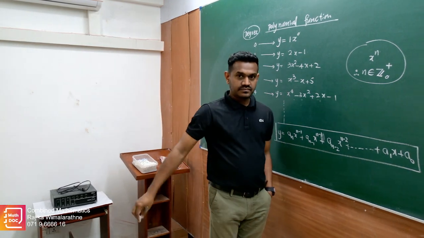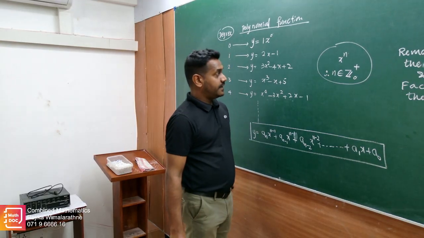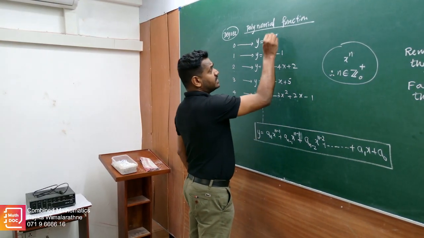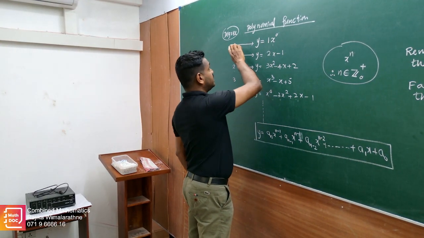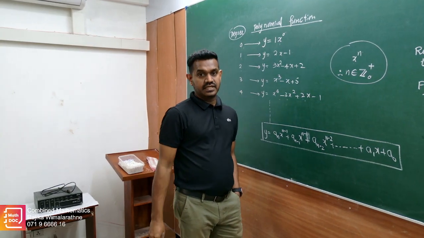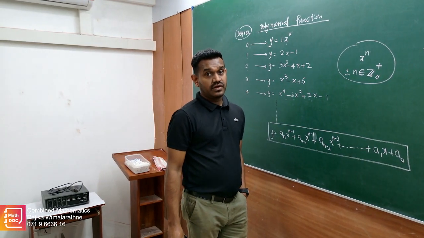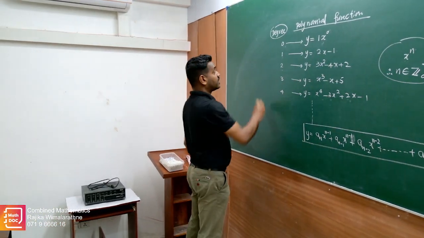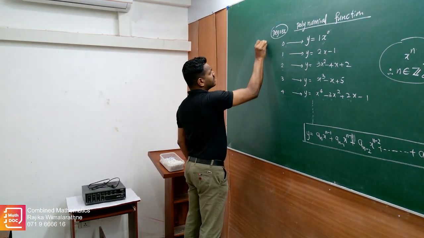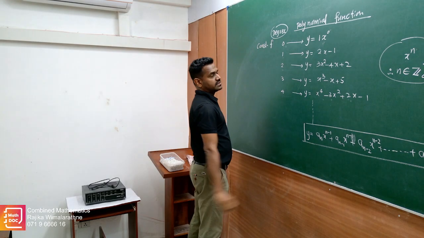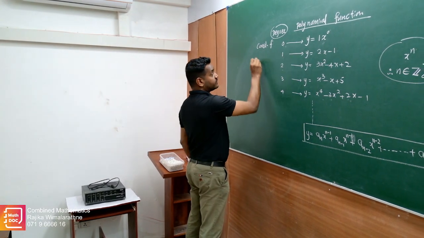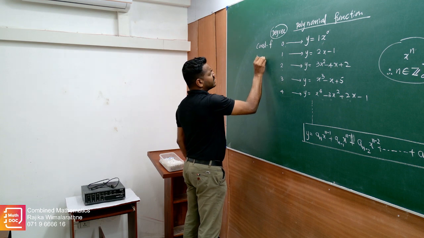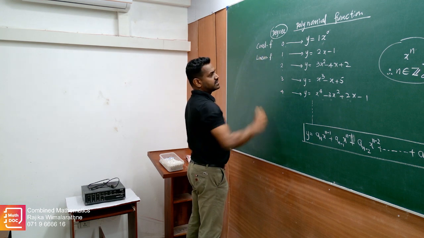Here is the general one. Maximum power 0 means a degree 0 expression, which we call a constant function. A degree 1 function we call a linear function.